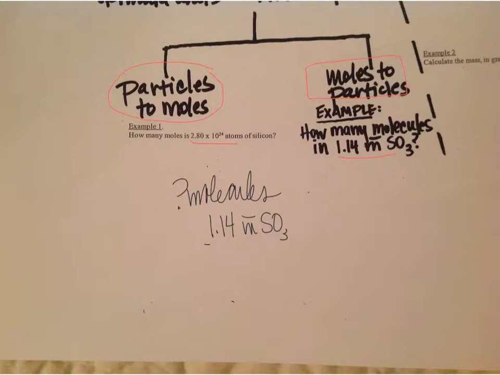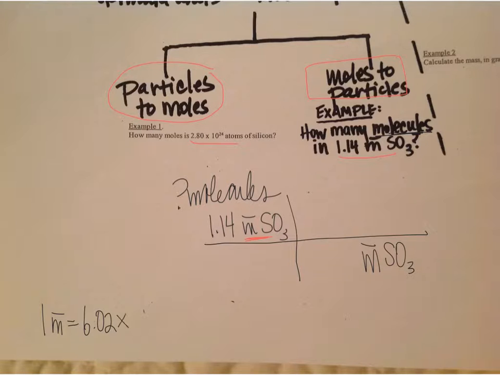So draw the conversion table like so. Always, the very first thing that you're going to do is you are going to put whatever unit is here in the first section, you're going to put that unit in the bottom of the second section. In this case, it's moles. And then we want to convert to molecules, which are representative particles. We know that 1 mole of any substance is equal to 6.02 times 10 to the 23rd particles.